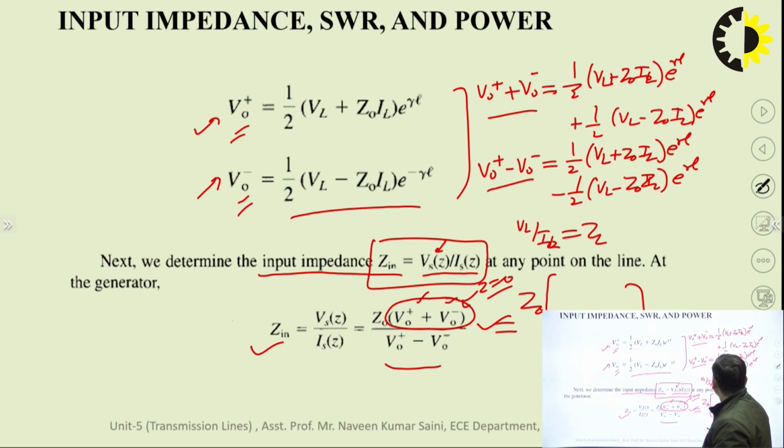So you can club the equations, and the next step is to take the IL outside from these two equations, this one and this one.